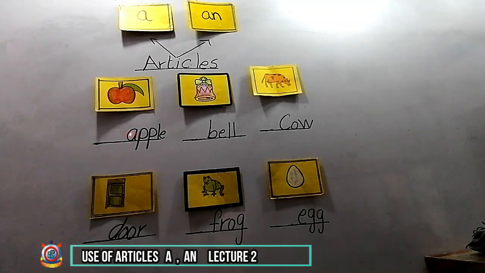So tell me, is it a vowel or a consonant? It is a vowel, because in vowels we have A, E, I, O, U. And here apple starts from A. So, with vowels, what did we write? Can I write a here?